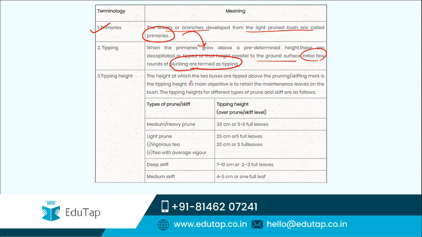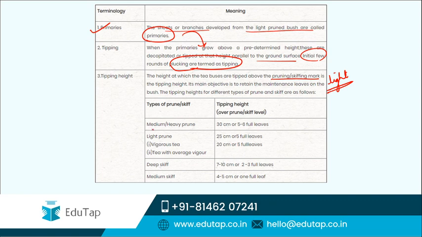And the height of the tipping is above the pruning or skiffing mark. Skiffing is again a light pruning that is given in tea plantations. This also we have discussed in one of our sessions.